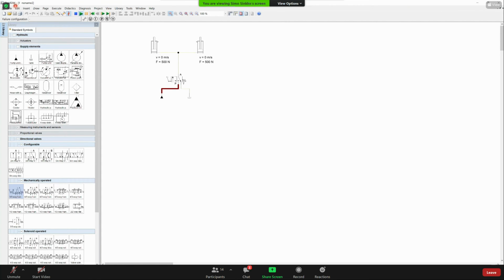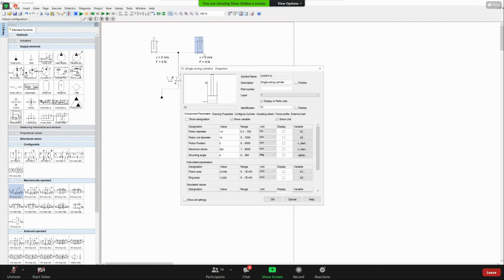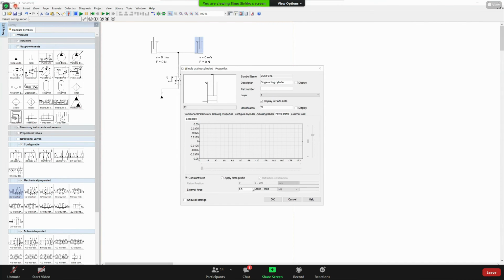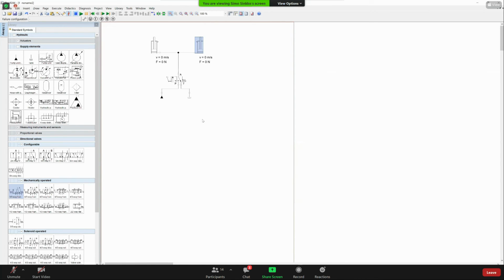But what if we change something so that we will add here a little bit more load? Let's put here 1 kilonewton instead of 0.5. What do you think will happen now? And the right cylinder comes back faster. So which cylinder will move faster?